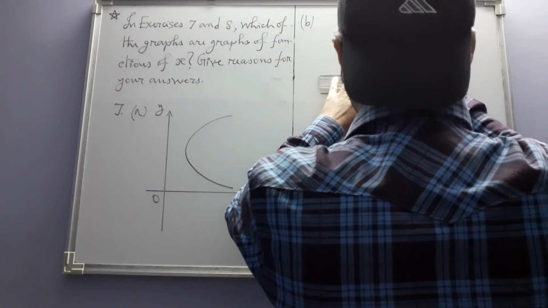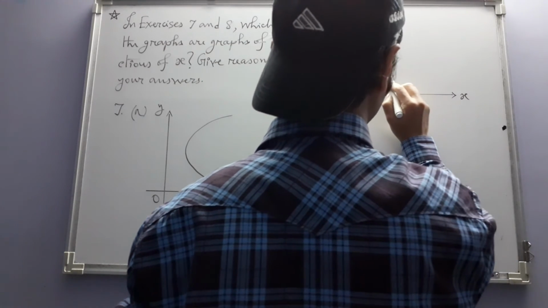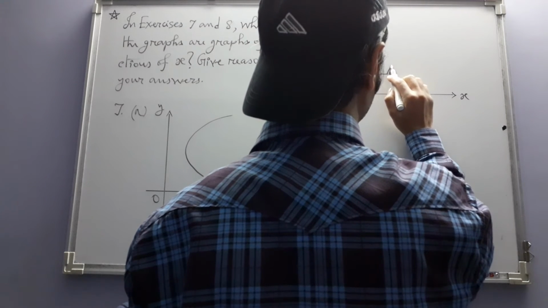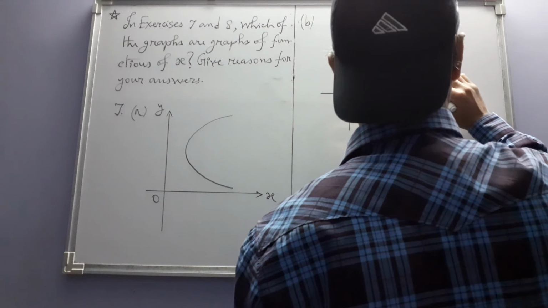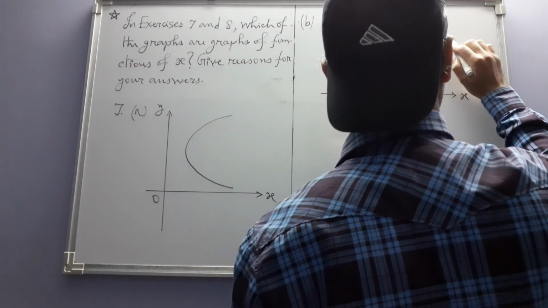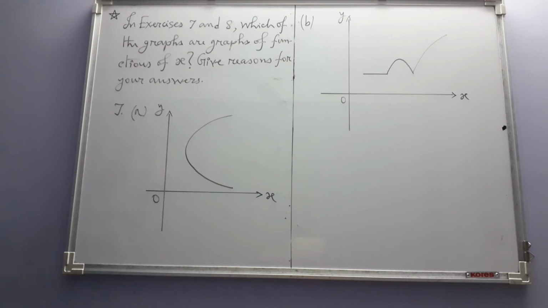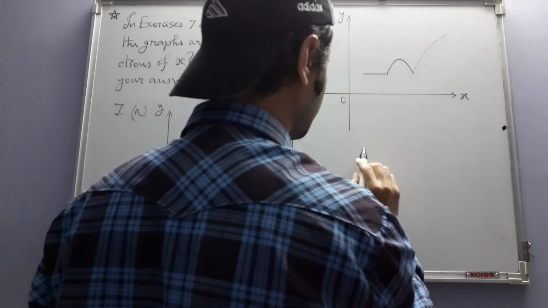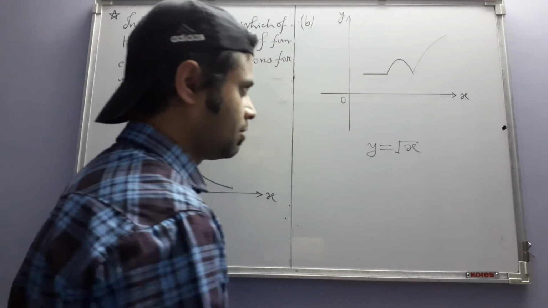A part of the curve is a straight line, and then a part of it is a parabola that looks like this, and another part of it is a curve that goes something like this, which looks somewhat like the graph of this function.